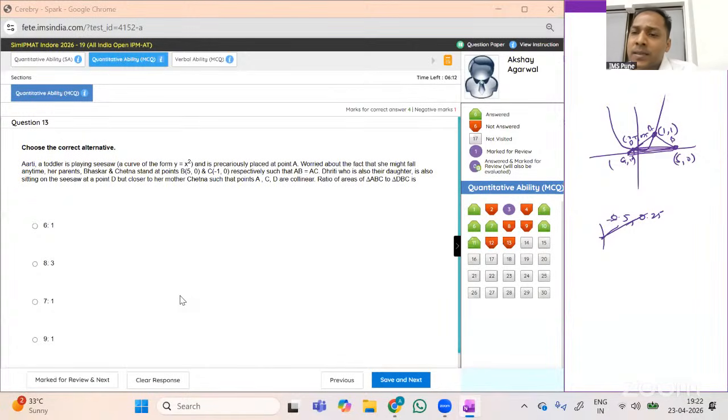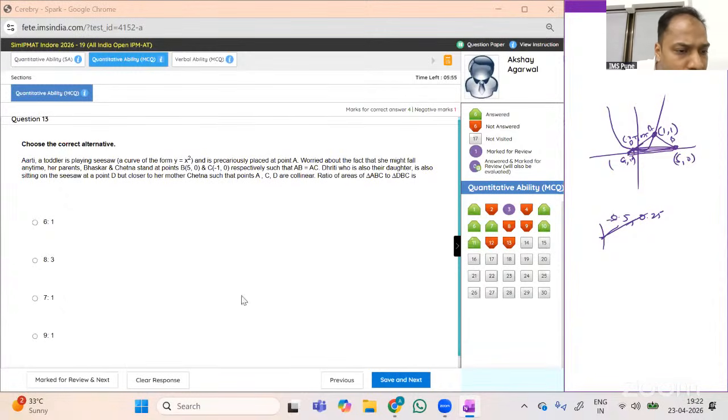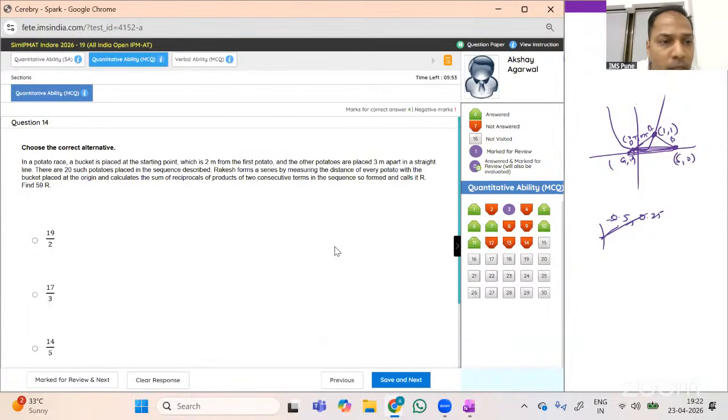The height is 1:4, the base is the same. Area ABC to area DBC, I'm getting the ratio as 1:4, but that's not there in the options. So we'll have to move on.